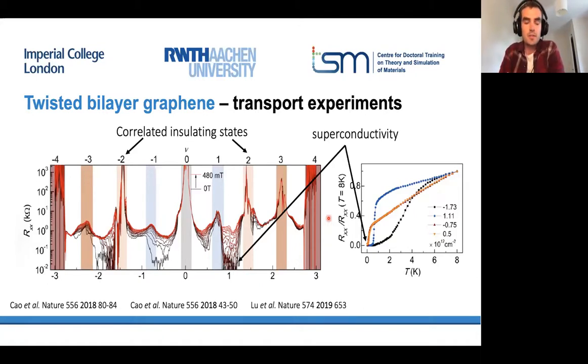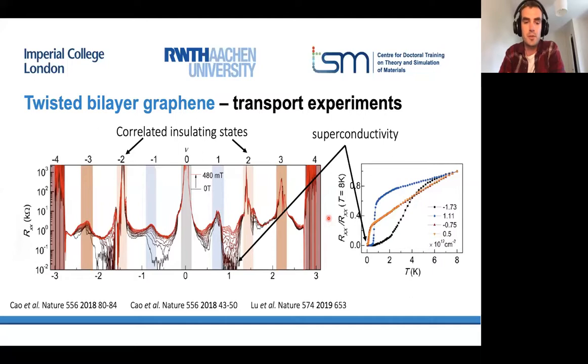So in experiments until quite recently, people were quite focused on constructing devices that have highly uniform twist angles over the whole device, with very little strain or twist angle variation. But this doesn't really lend itself to understanding in detail the variations of these phases as a function of twist angle around the magic angle, because you have to construct lots of different devices and there can be variability between these.